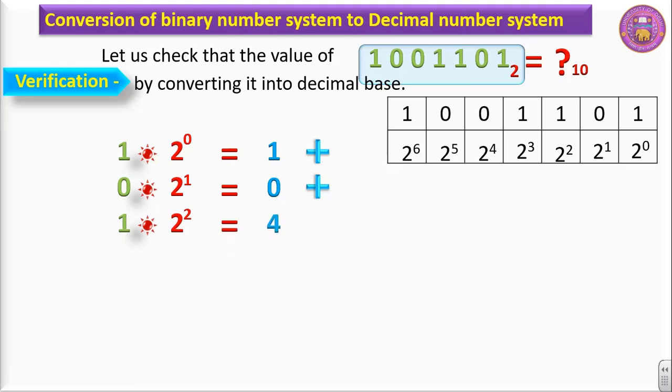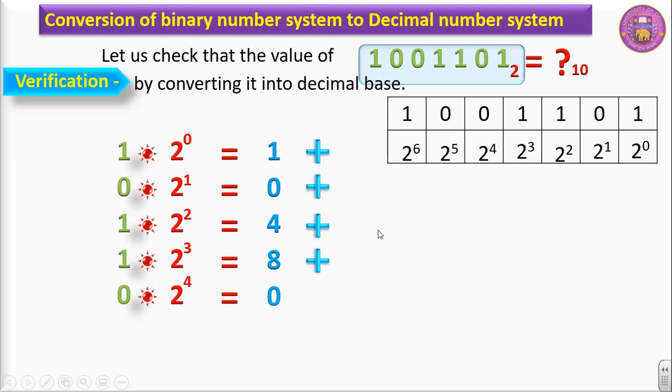This comes to 4. Now again this one multiplied by 2 raised to power 3. This comes to 8. Now this 0 we are talking about. 0 multiplied by 2 raised to power 4. It comes to 0. Now this 0 multiplied by 2 raised to power 5.